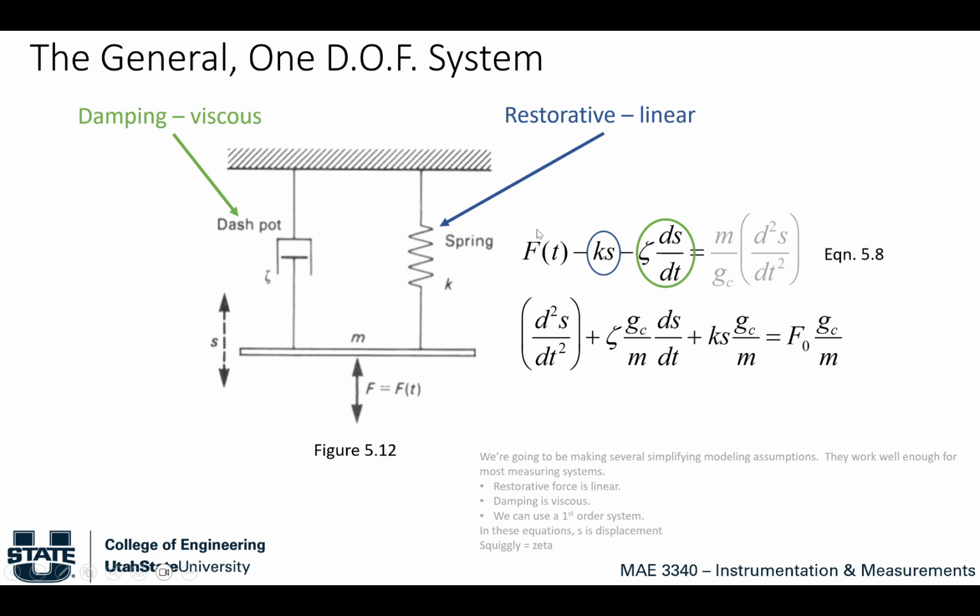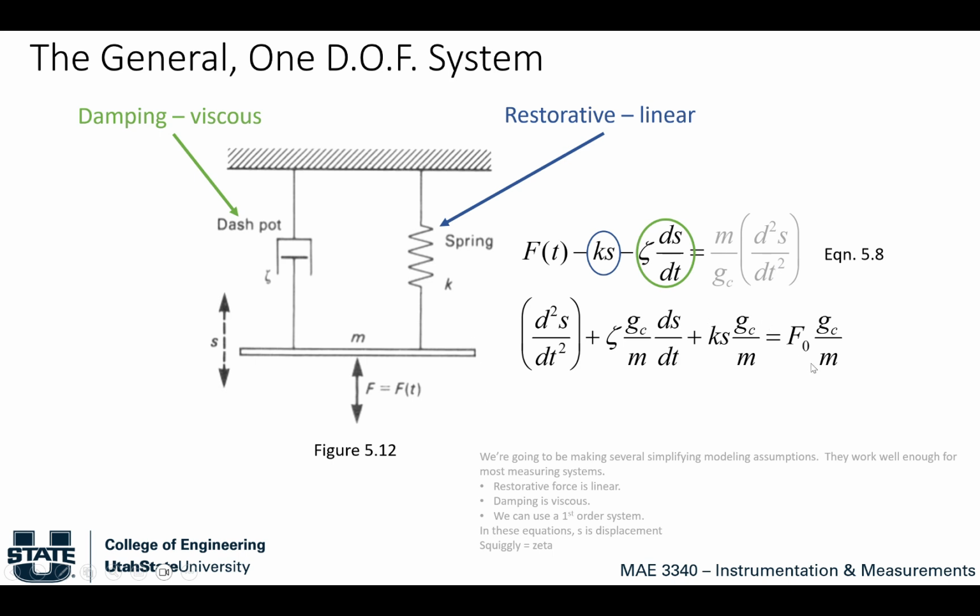So we've got the equation here: the forcing function as a function of time, minus the spring constant times the displacement, minus our damping coefficient times the related velocity term, equals our mass times our acceleration.